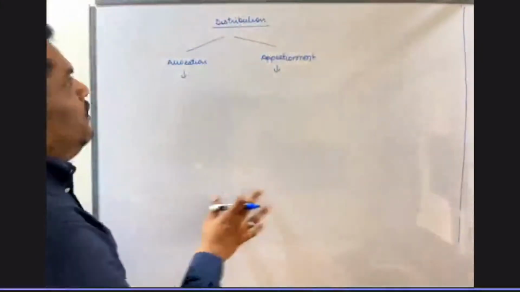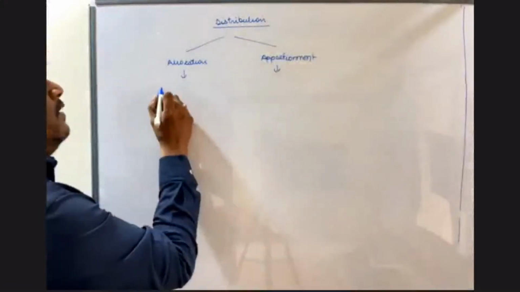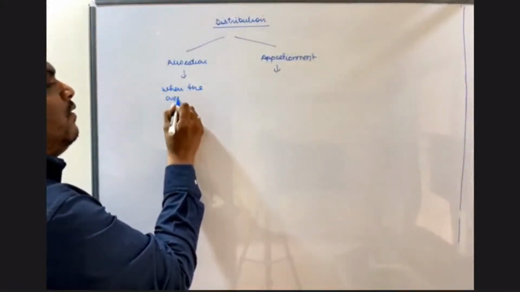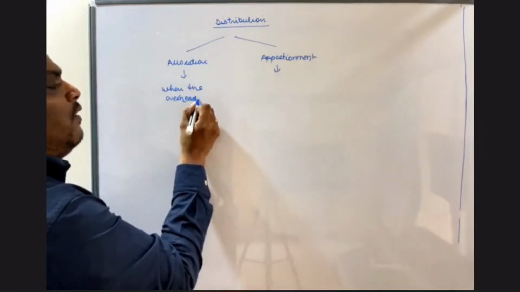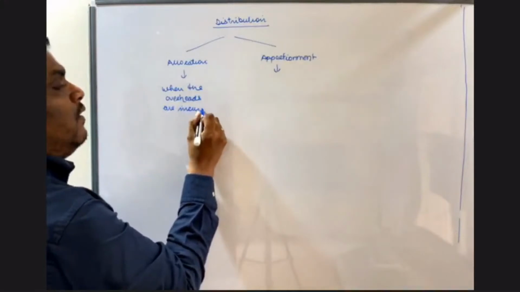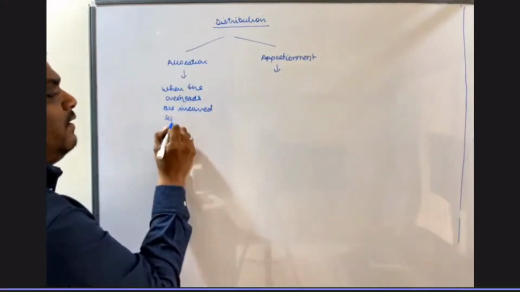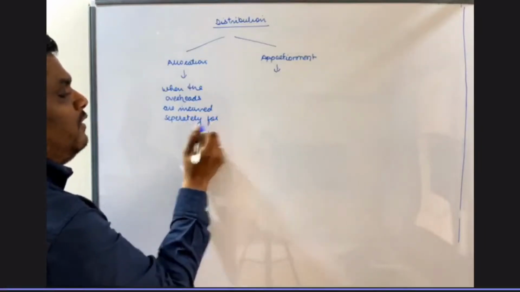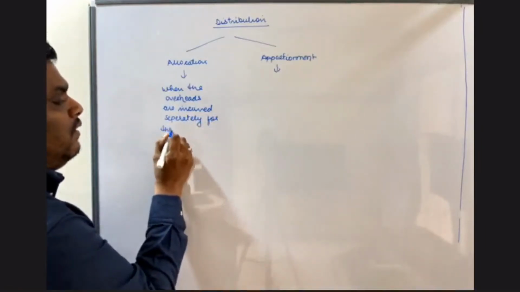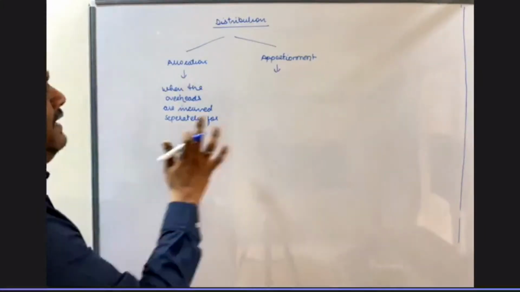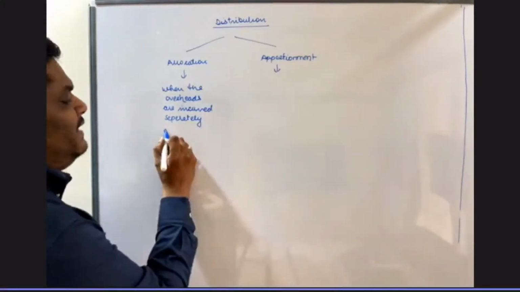When talking about allocation of overheads, when the overheads are incurred separately and can be directly distributed.